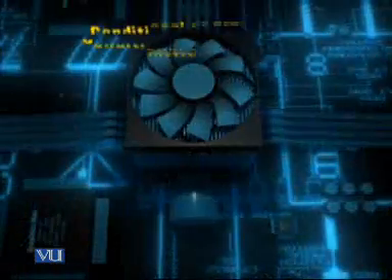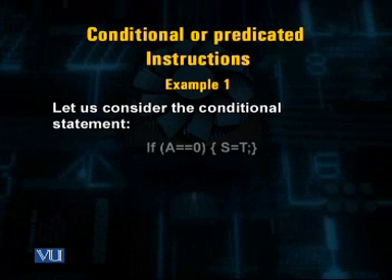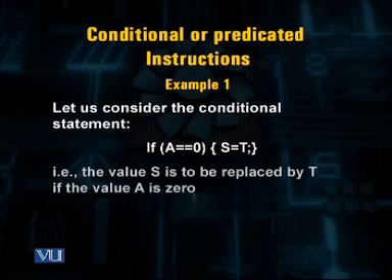In order to explain this, let us consider this example code. Here we will consider this conditional statement, that is, if A is equal to 0, then place the value of T into S. That is, the value of S is to be replaced by T only if the value in A is 0.